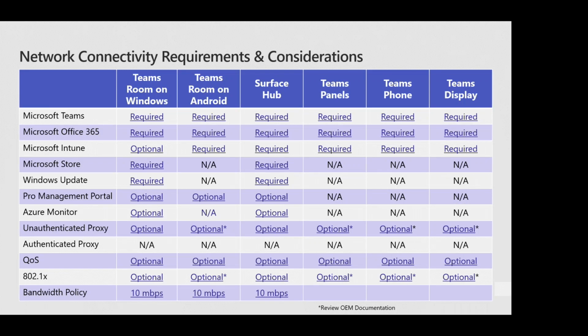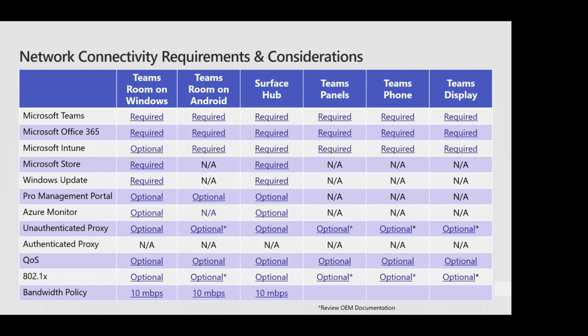And then the network connectivity requirements and considerations, as we're talking about, it talks about the different devices that Jeremy and I have talked about. So your Teams Rooms on Windows, Teams Rooms on Android, Surface Hub, Teams panels, Teams phones, Teams displays. It talks about the requirements and considerations for each of the different areas and the different functionalities.